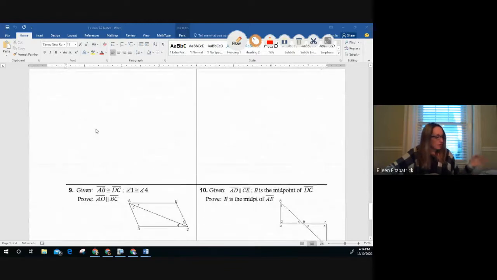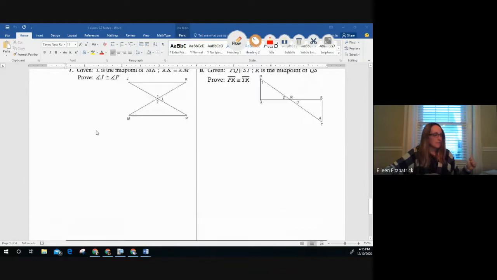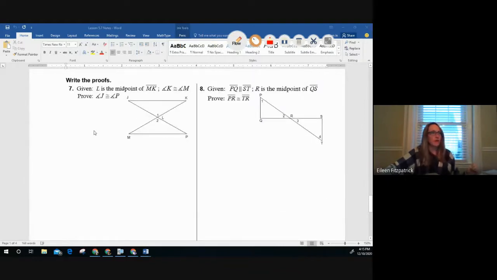So let's look at problem 8. Okay, I'll leave 7 for you to try. And if you need help with it, like I said, jump onto a Google Meet with me and I can walk you through it. But if you feel like you know how to handle it, you probably do. If you're completely lost and confused, you might want to jump onto a 12th period Google Meet with me.